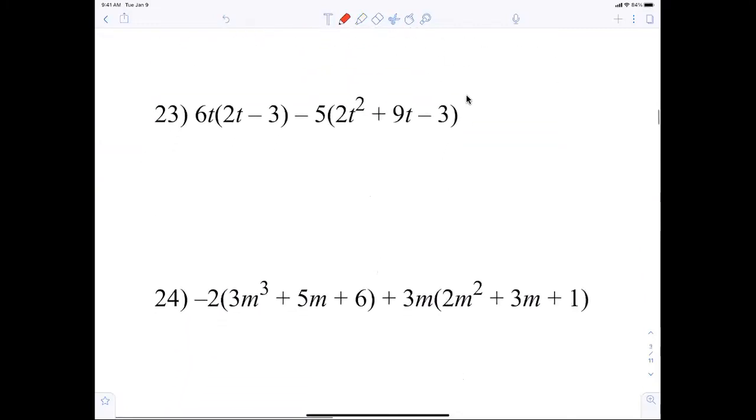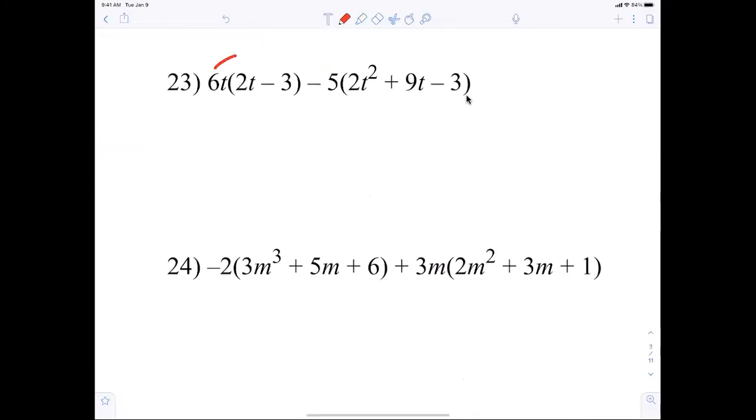All right, 23. Distributing a 6t. 12t squared minus 18t minus 10t squared minus 45t plus 15.